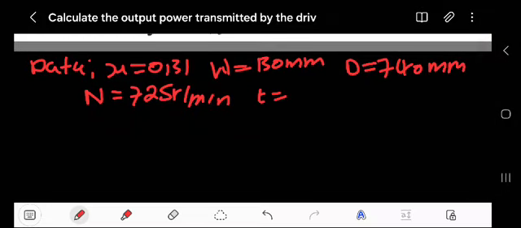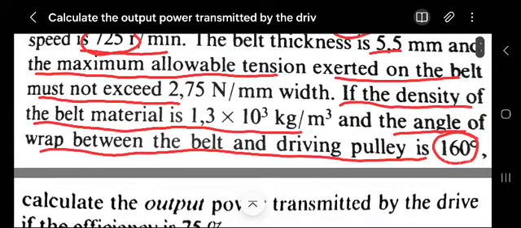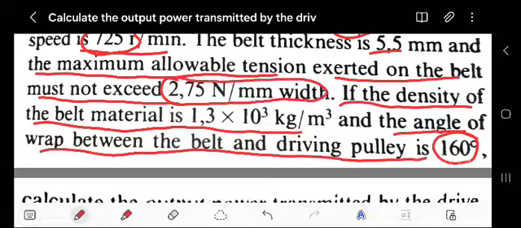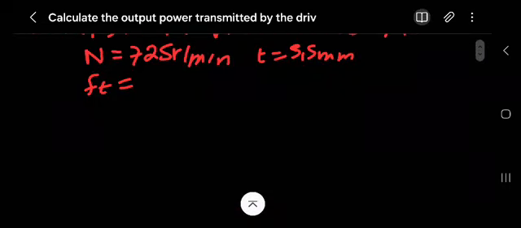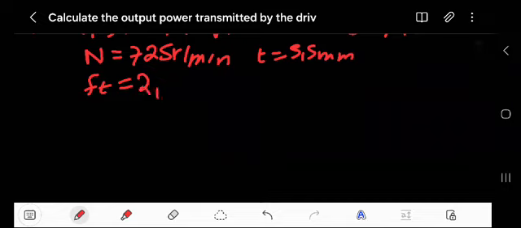We have been given the allowable tension, which is 2.75 newton per millimeter width.